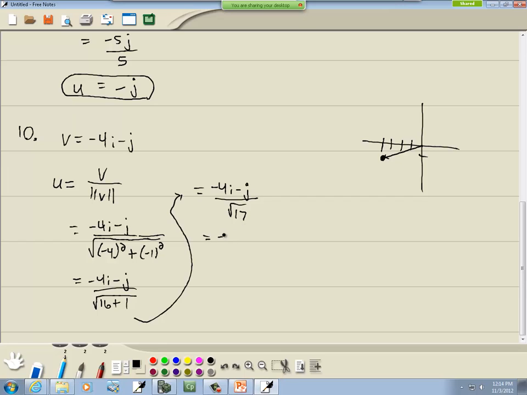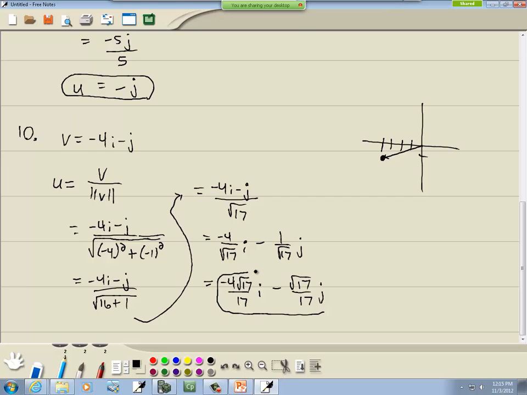Split this up. We got negative 4 over square root of 17 i minus 1 over square root of 17 j, which gives us negative 4 square root of 17 over 17. I multiply top and bottom by the square root of 17, minus square root of 17 over 17. Again, multiply top and bottom by the square root of 17.